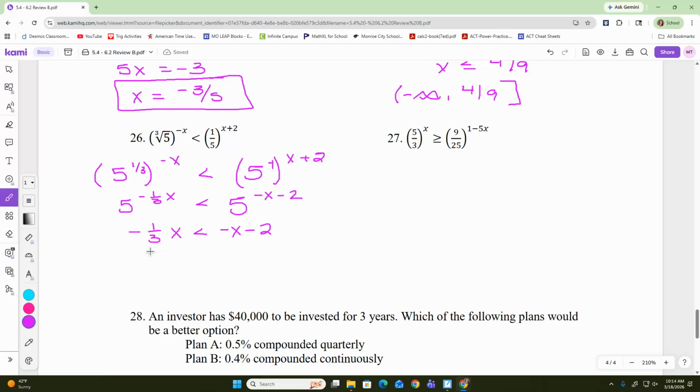If I add over my x, negative 1/3 plus 1 is 2/3. Divide by 2/3, or if you don't like that, you could think multiply by 3/2. You do have to follow inequality rules. If we multiply or divide by a negative, what would happen? We would switch sign, but we're doing a positive here.